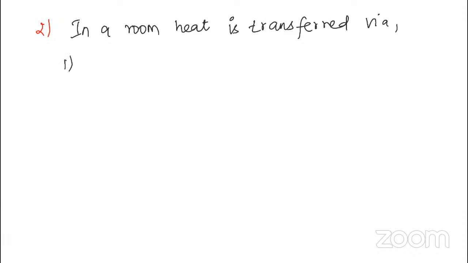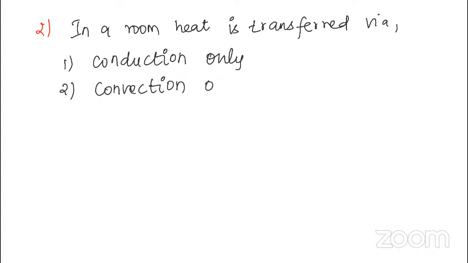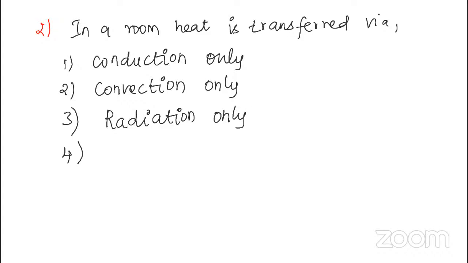Then the second one: in a room, heat is transferred via first, conduction only; second, convection only; third, radiation only; and fourth, all the three modes.